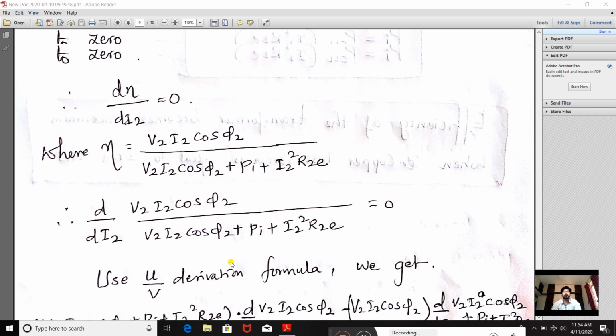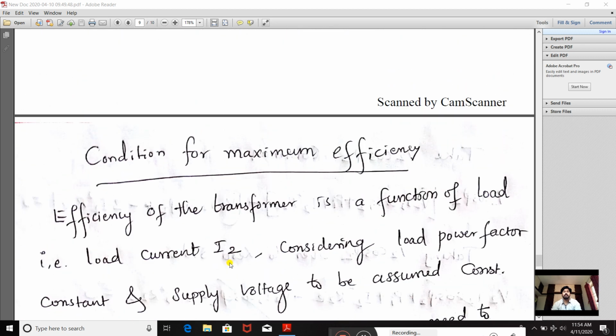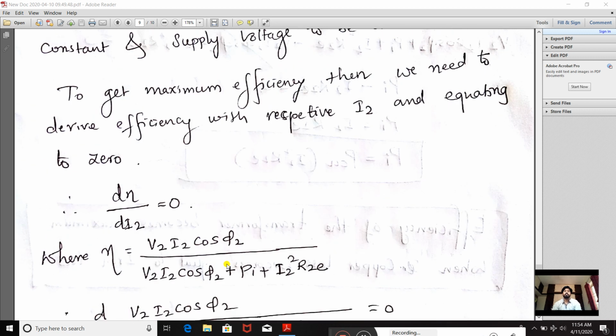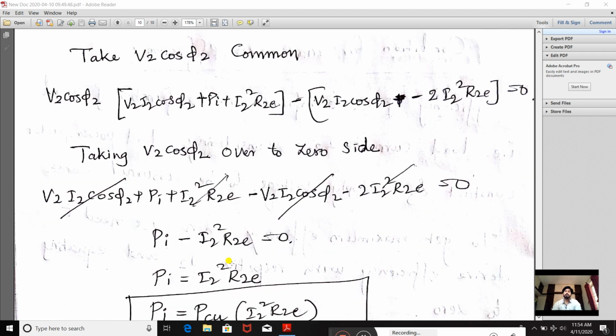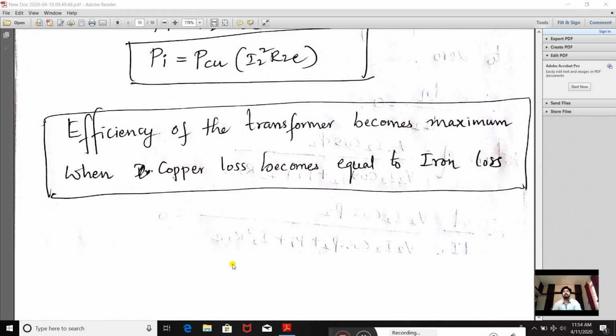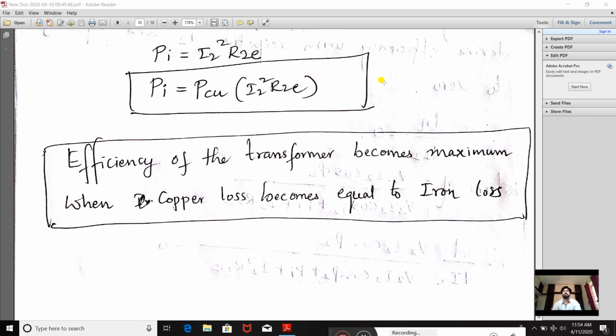This derivation is not in your syllabus, but they are going to ask this condition from the numerical point of view. So to understand that condition we need to derive it, and hence I have derived it. Try to remember and use this particular condition in these numericals to get the maximum efficiency.